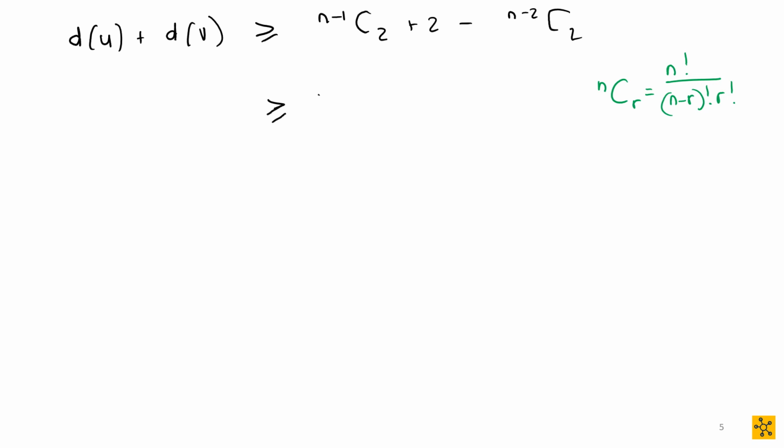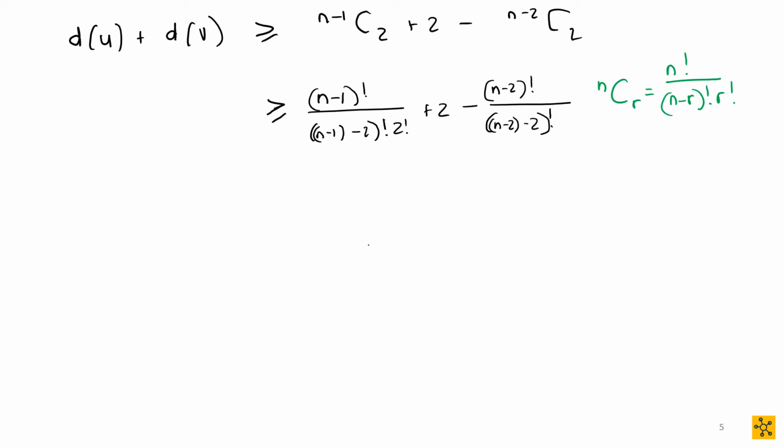So we're going to have n minus 1 factorial over n minus 1 minus 2 factorial, 2 factorial, plus 2, minus n minus 2 factorial over n minus 2 minus 2 factorial, 2 factorial.